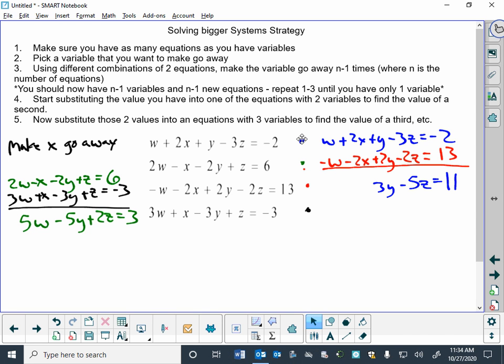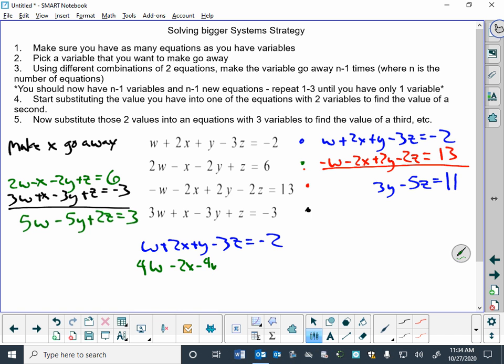If I take my blue equation as it is, so that's w plus 2x plus y minus 3z equals negative 2, and I double all the numbers in the green equation, I will get 4w minus 2x minus 4y plus 2z is equal to 12.